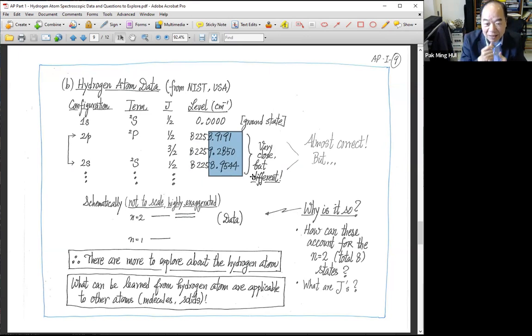That is that tiny accuracy. Graphically, it is something like this. Instead of these three numbers, it comes out to be just one number as predicted by the Schrödinger equation. So I would like to point out that there is something more for us to understand, even within the hydrogen atom.